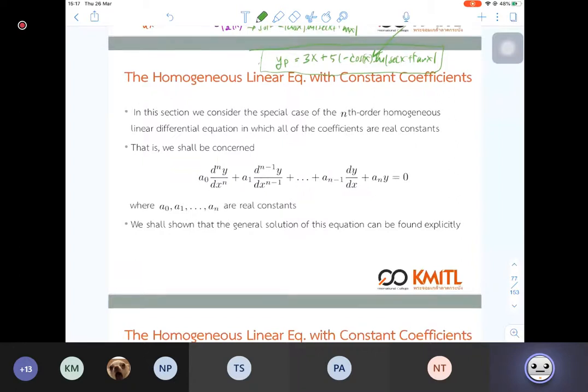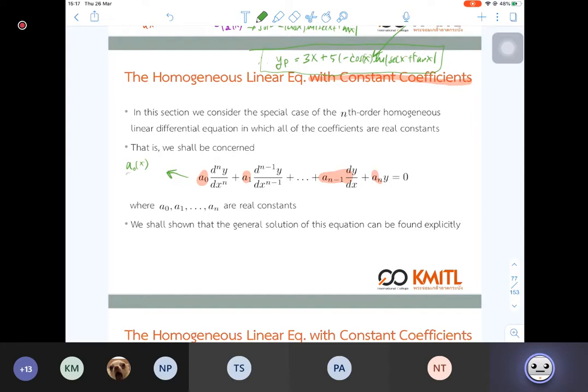Now we are going to go back to the homogeneous linear equations, but now we just consider constant coefficients. You can see that before, you had this equation in the form of a0 of x, right?